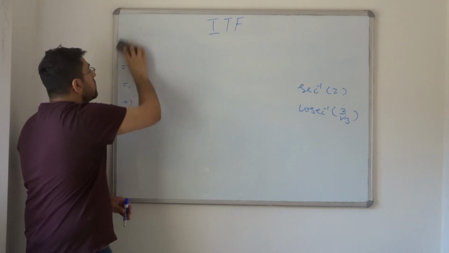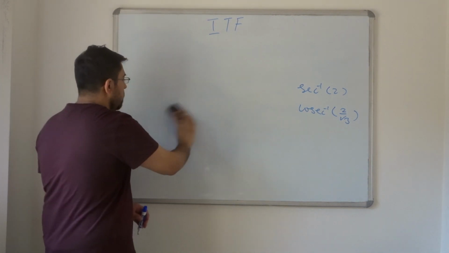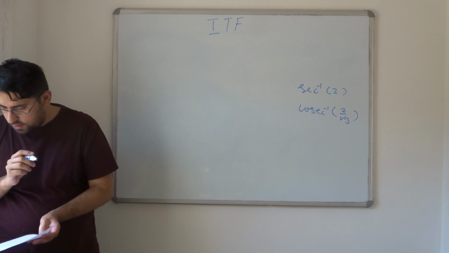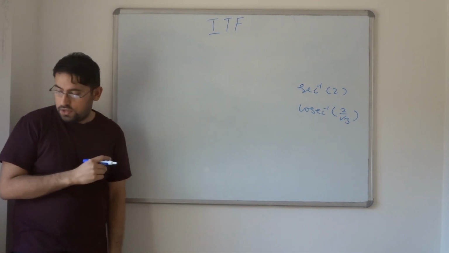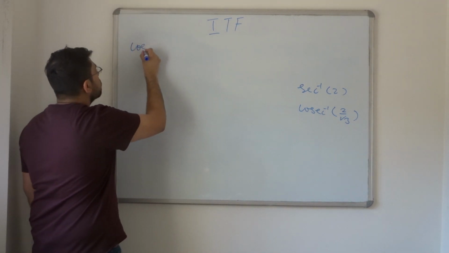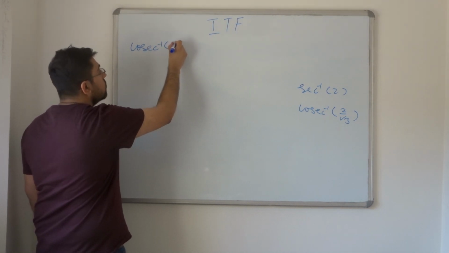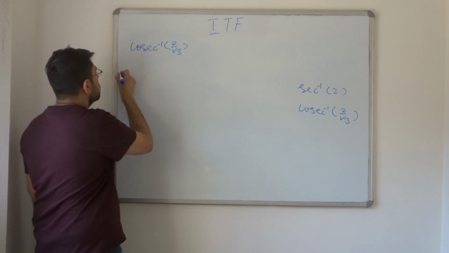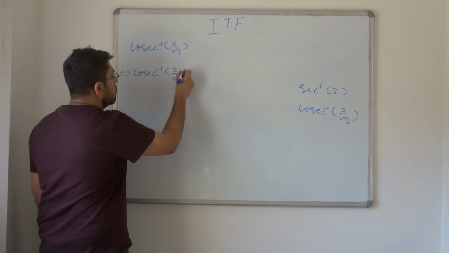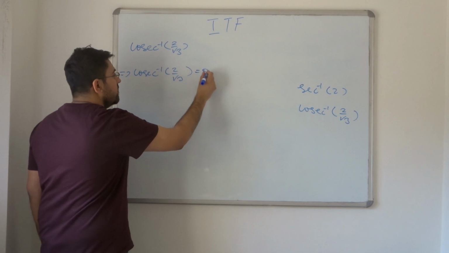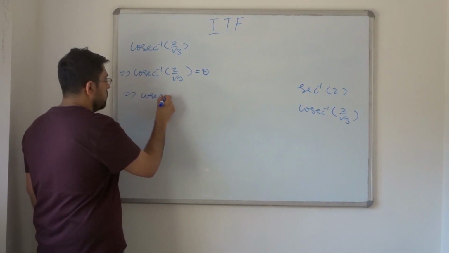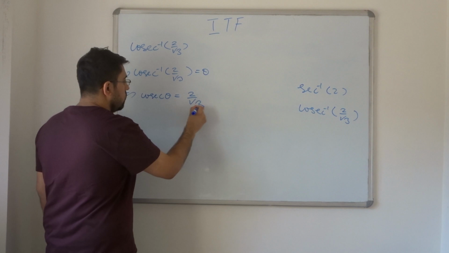Now guys, the last one on the list here is very easy. It's a very easy question. Then we're going to move on to even harder questions. So this one is fairly easy. Okay, so you have cosec theta equals 2 upon root 3.